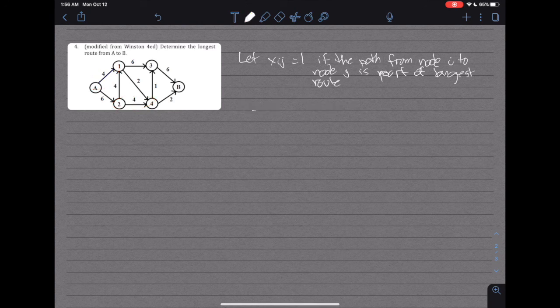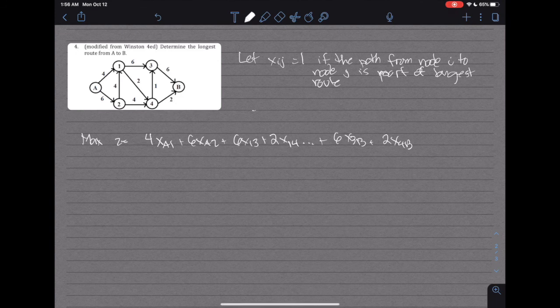Now for the objective function, since we're looking for the longest route, it will become a maximization problem, and we want to maximize the distance traveled. The distance traveled from node A to node 1 is 4, so that's 4xA1 plus 6xA2, the distance from node A to node 2, plus 6x13 plus 2x14 plus 6x3B plus 2x4B.